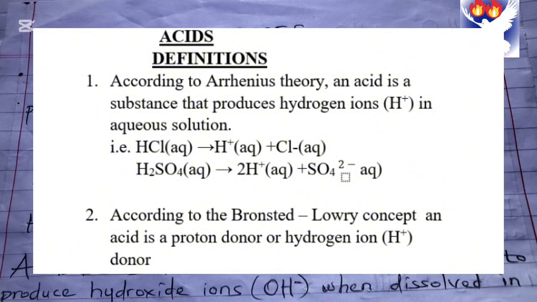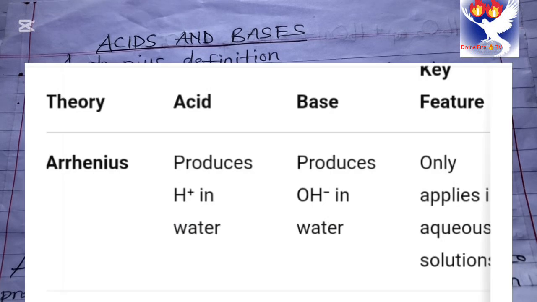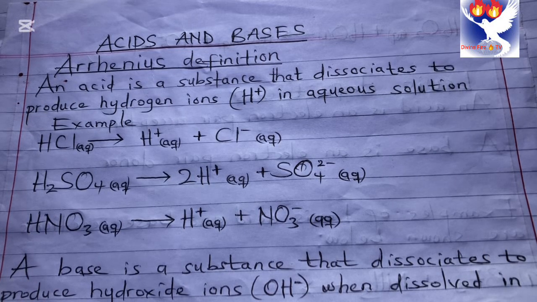A molecule that dissociates to produce a hydrogen ion or proton when dissolved in water is an Arrhenius acid. A molecule that produces hydrogen ion when dissolved in water is an Arrhenius acid.